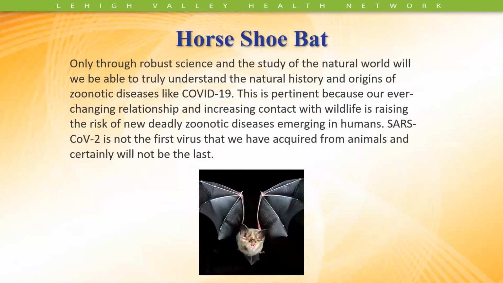The horseshoe bat is probably the one that takes the most responsibility for spreading COVID, because it is very common in China, and a lot of the caves where COVID-19 has been identified were horseshoe bat caves.